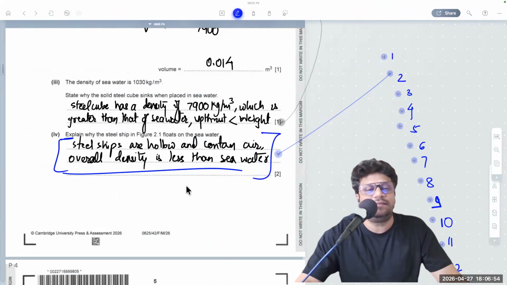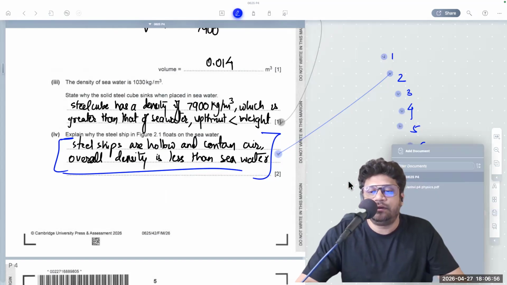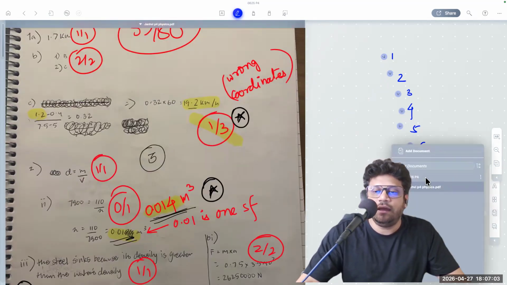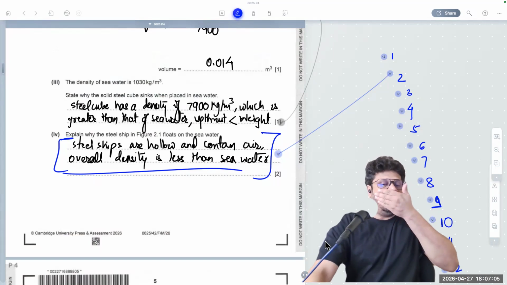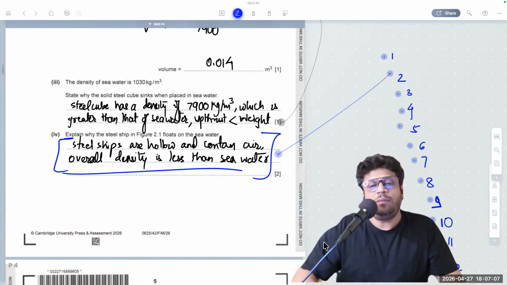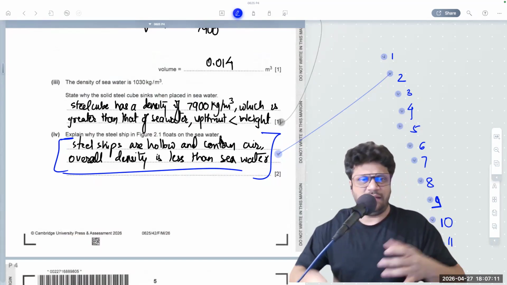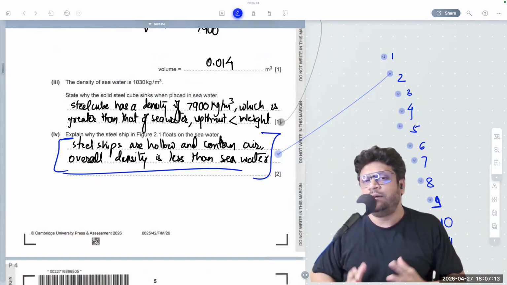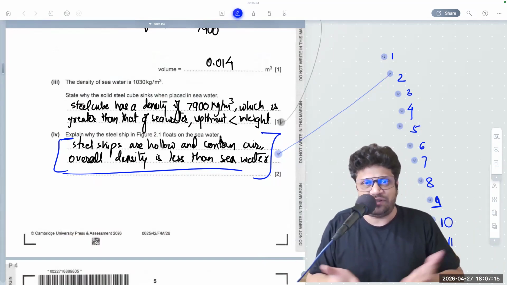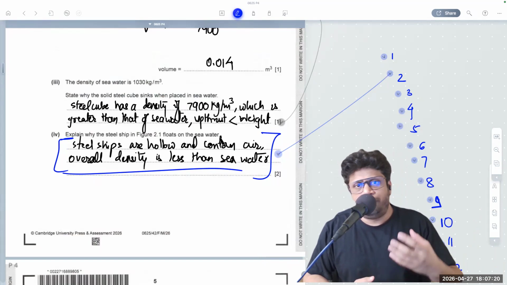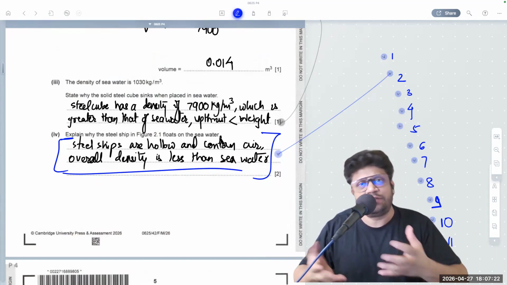Now, people have been saying, I'll show you some answers to this question. Let's see if I have this anywhere. I've seen people answer this one. They said that it has a huge area, the base of the ship is huge, and that is why the pressure reduces because pressure is force upon area.